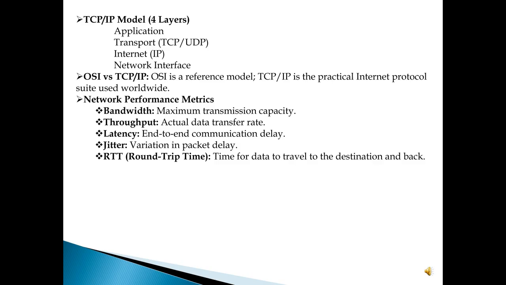Then we have seen the comparison of the OSI versus TCP/IP model. That is, OSI is the reference model, TCP/IP is the practical internet protocol suite used worldwide. And last, we have seen network performance metrics based upon bandwidth, throughput, latency, jitter, RTT.